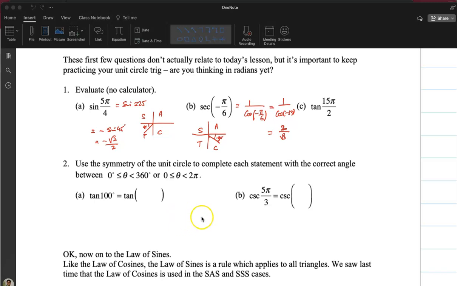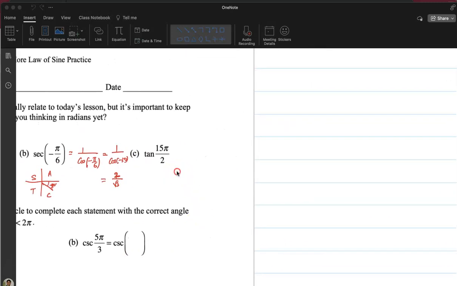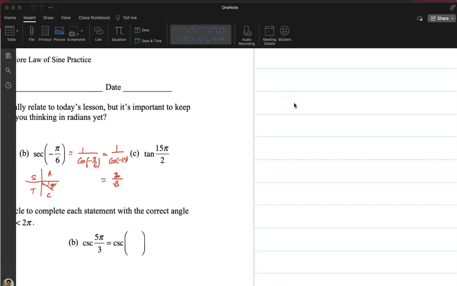Tan of 15 pi by 2. Now one way of doing it is you draw the unit circle.